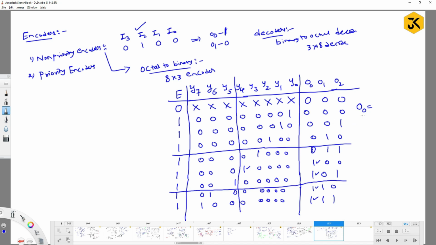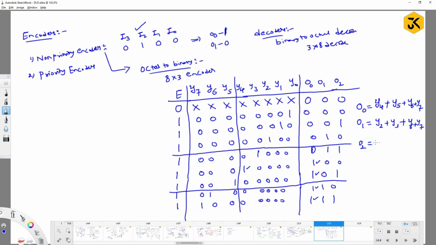O0 you get because of Y4 or Y5 or Y6 or Y7. Similarly, O1 you get because of Y2 or Y3 or Y6 or Y7.